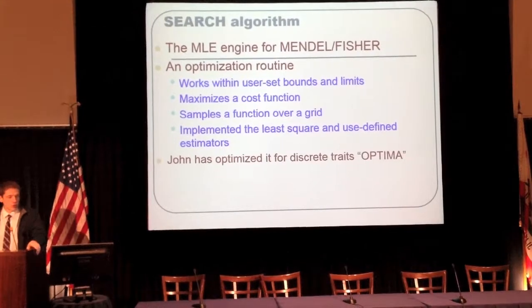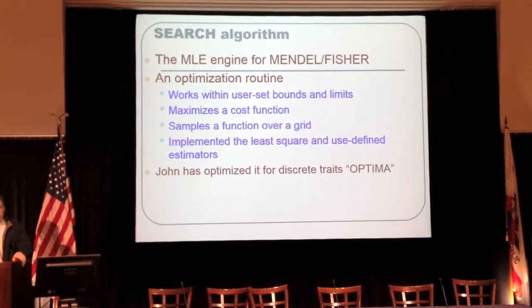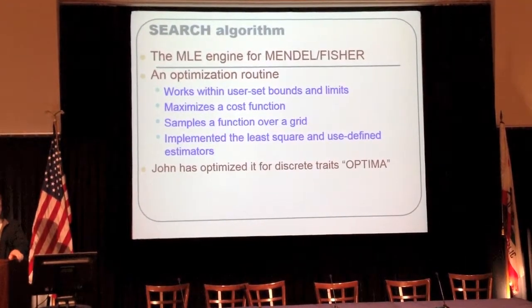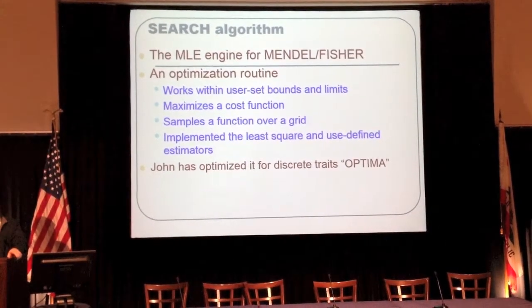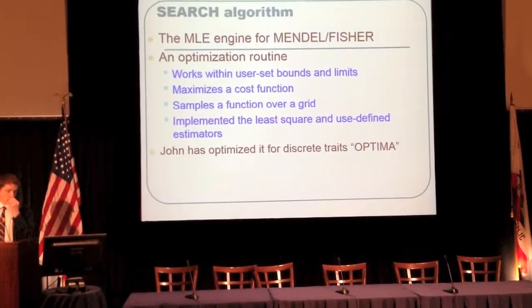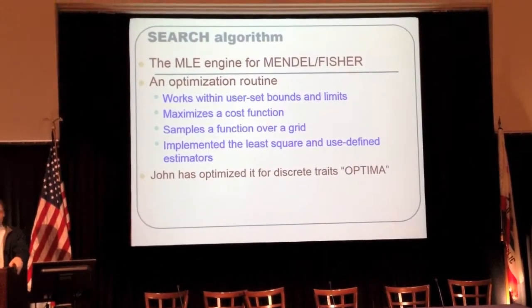And it was optimized to work with user set bounds and limits, and it maximizes the cost function and samples a function over the grid, and implements weighted least squares and user-defined estimators. And John has optimized it for discrete traits and rechristened that algorithm Optima.